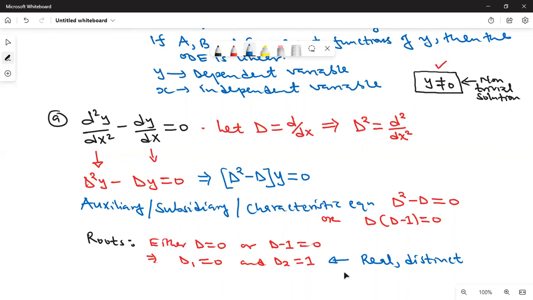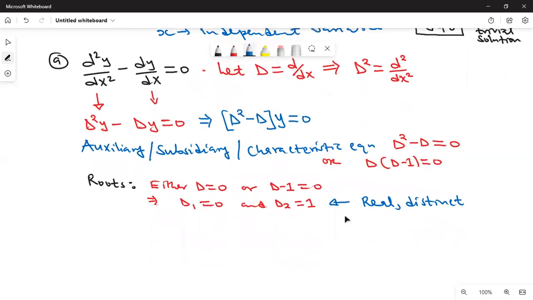So how do you write your general solution when you have the roots to be real and distinct? Remember, if I say let this be alpha and this one is beta, our general solution is y is equal to a constant c1 exponential alpha x plus another constant c2 exponential beta x. Our alpha is 0 and our beta is 1, so we can replace them there.